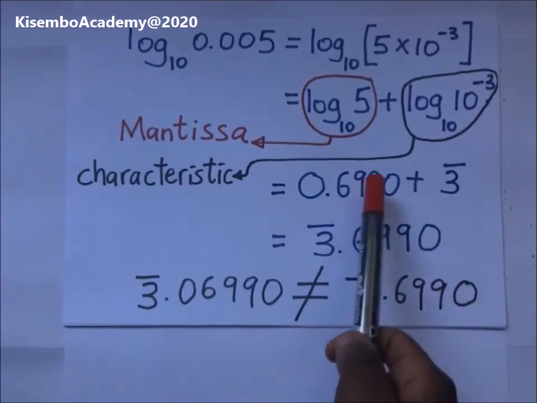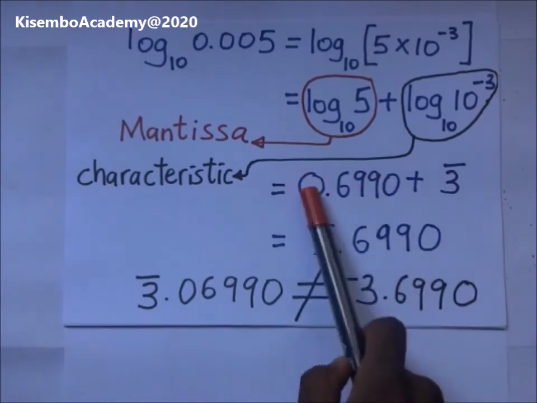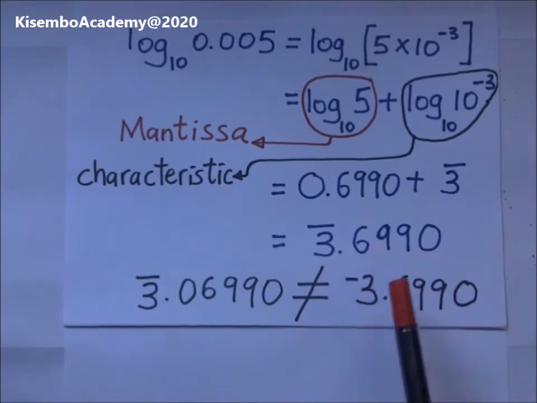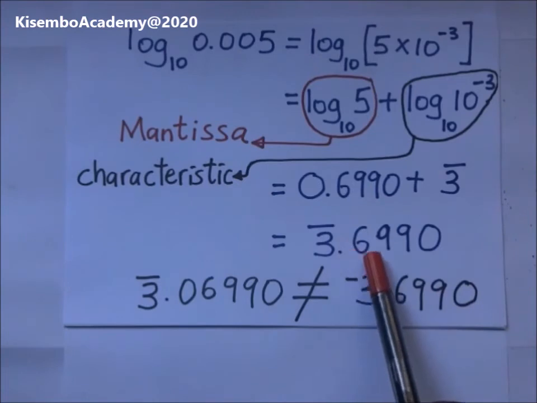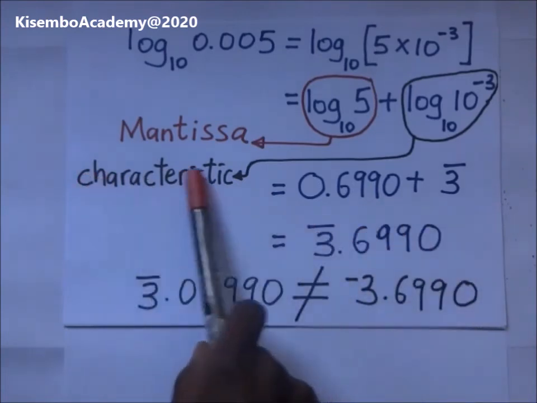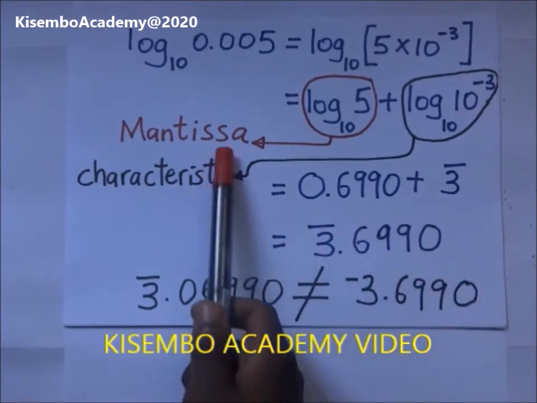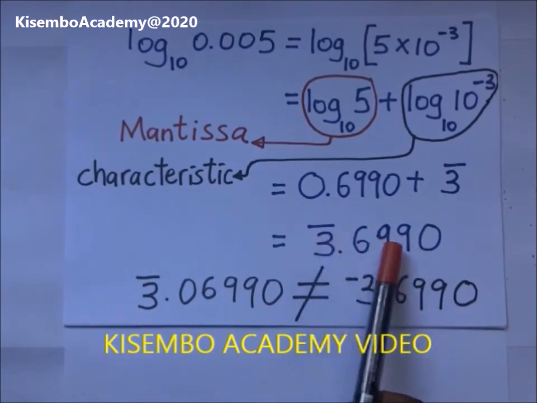So it means that when we add this and that, it's like we are adding negative 3 plus this. But in actual sense here, the answer now is 3 bar point 6990. But this negative 3 is independent of this other term. This negative 3 is the characteristic, and this other part of the number is what we are calling the Mantissa. And these two are independent of each other.